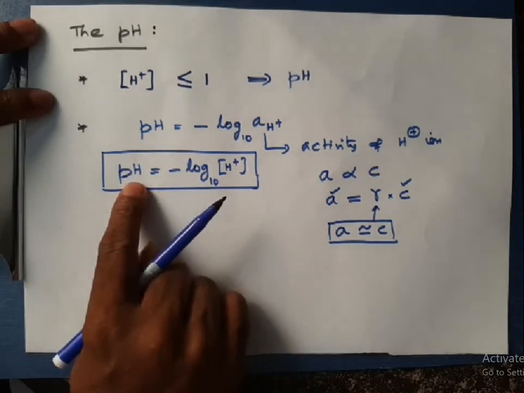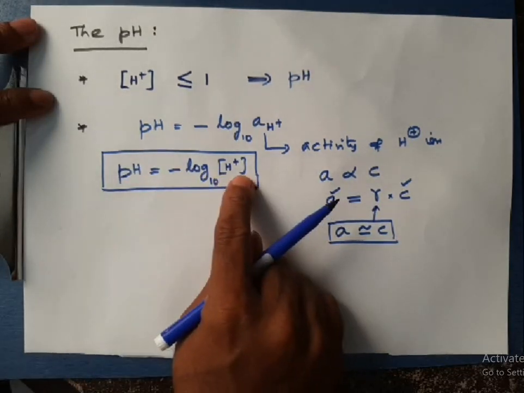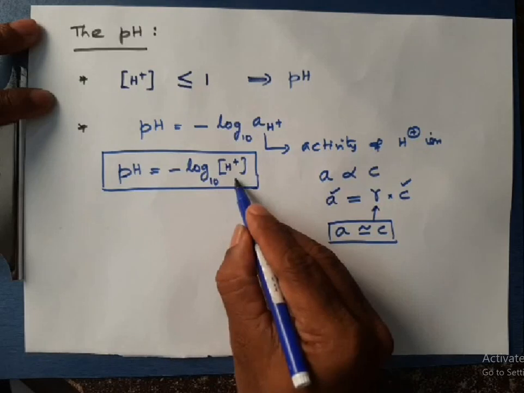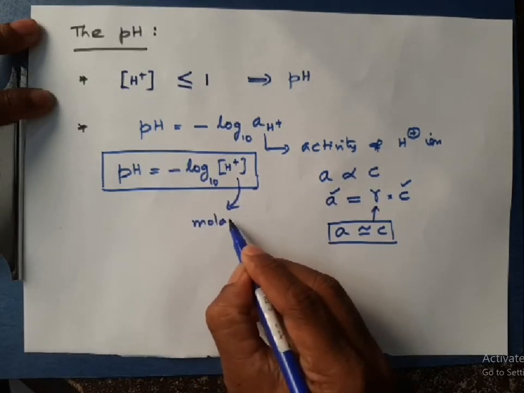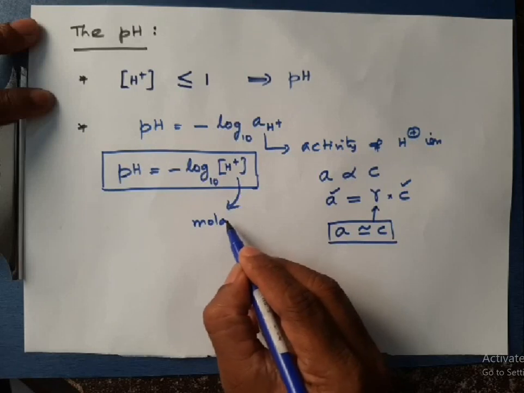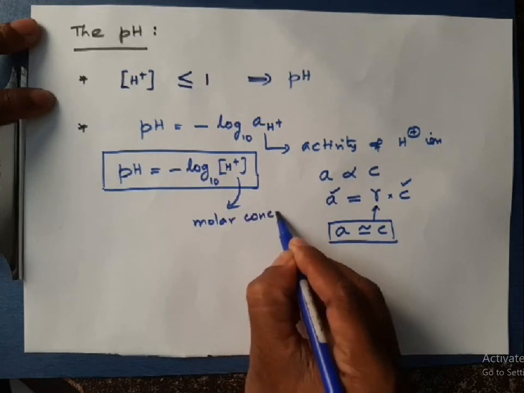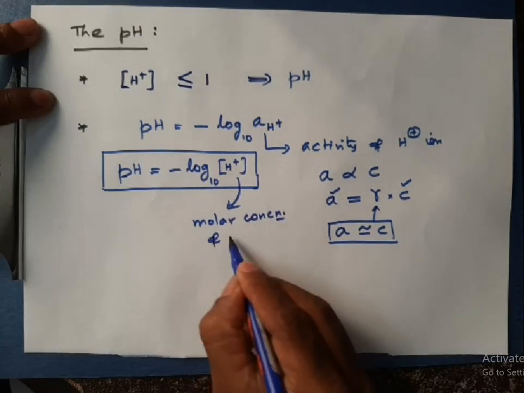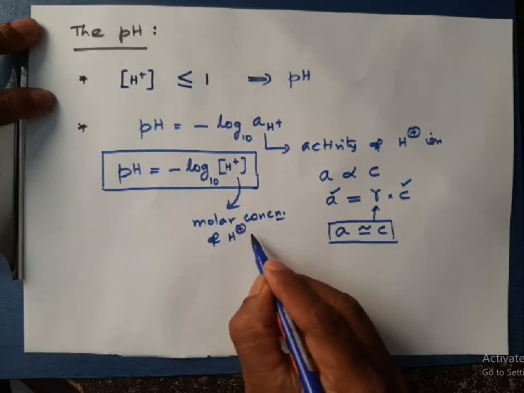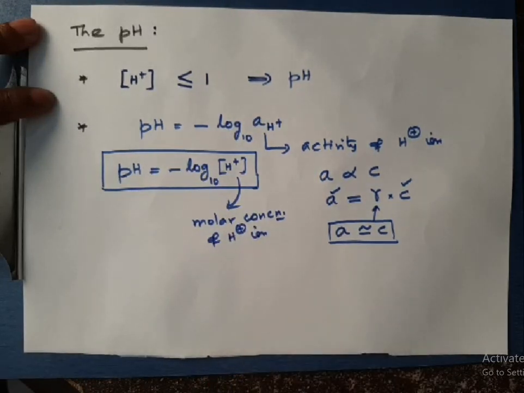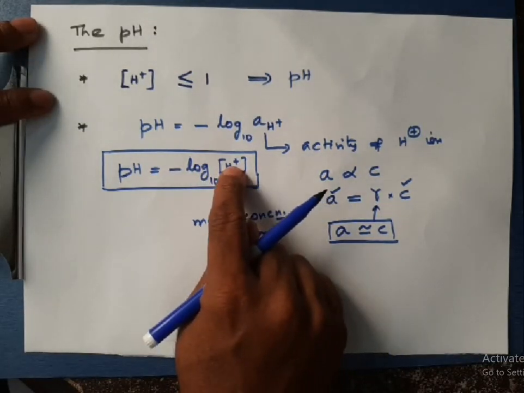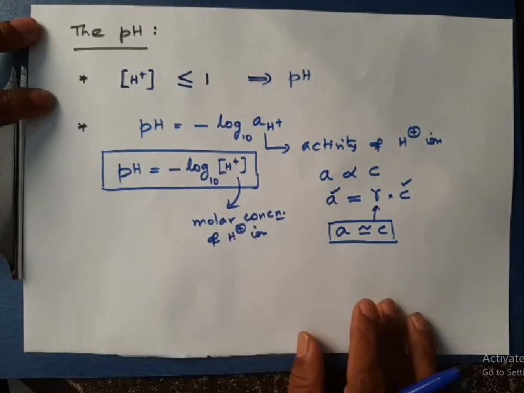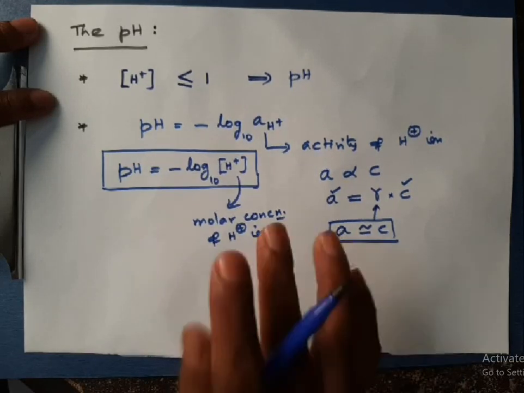So if you want pH, you must know the molar concentration of H plus ion, that is the molarity of H plus ion in solution. Substitute that value here and you can calculate pH.